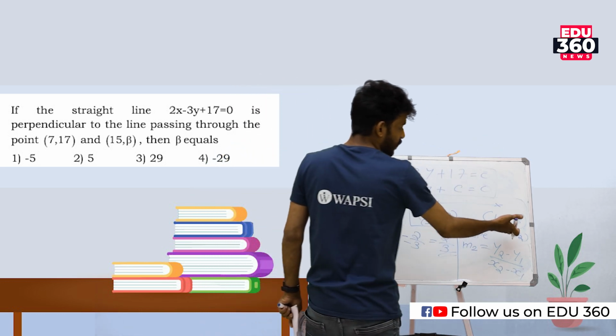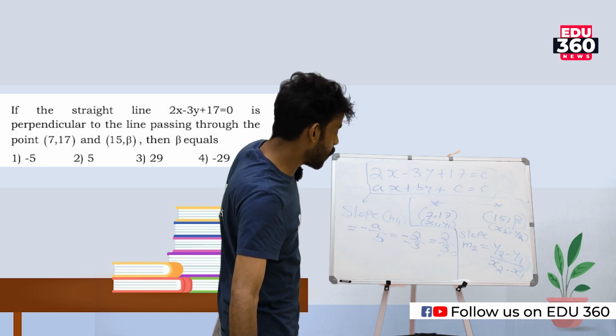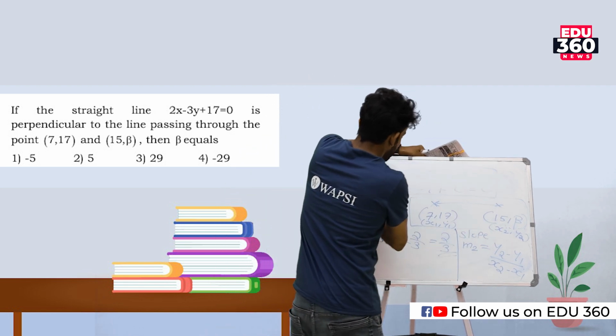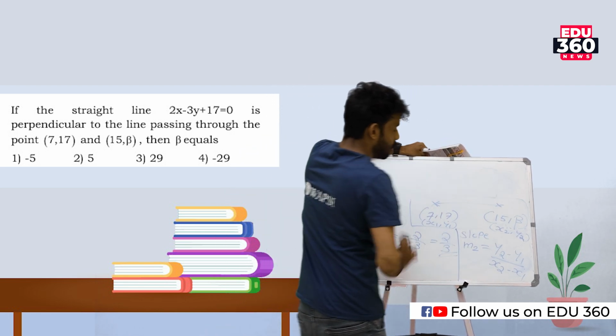So hereafter just substitute the values here, and we will get the slope m2.